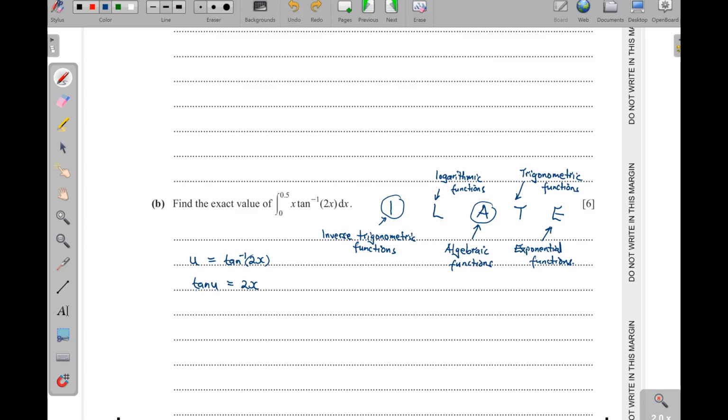When I differentiate this with respect to u, I will get sec squared, right? So now I'm differentiating everything with respect to x. I will get sec squared u, then du dx. Then when I differentiate this one with respect to x, I will get what? A 2. You get that? So remember, I need du dx. So du dx is going to be equal to 2 over sec squared u. Do you see that?